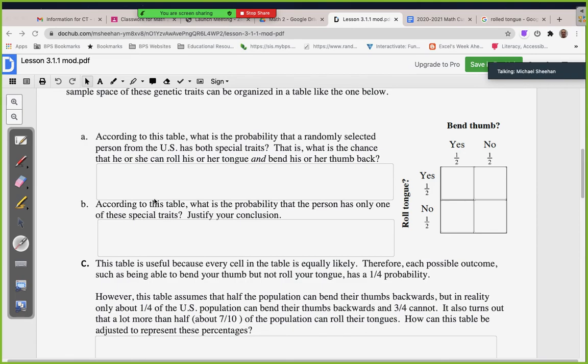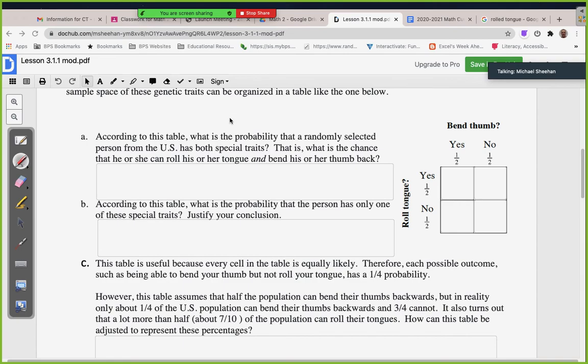So let's think of it this way. Let's say there's 20 people in society, right? Half of them can bend their thumb. So how many people is that? If there's 20 people, let's say we've got a society, there's only 20 people that live in the world, all right? And half of them can bend their thumb. How many people can bend their thumb? 10, right? And now half of all people can roll their tongue.